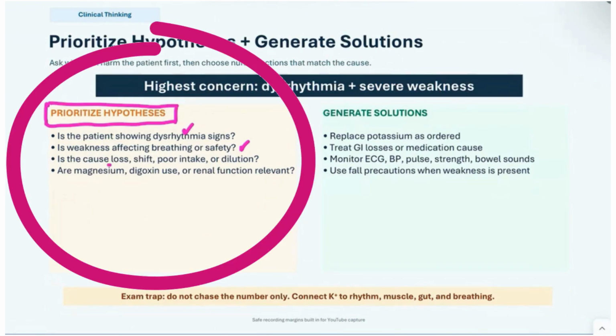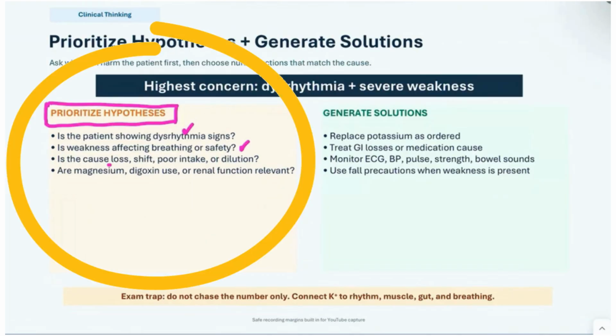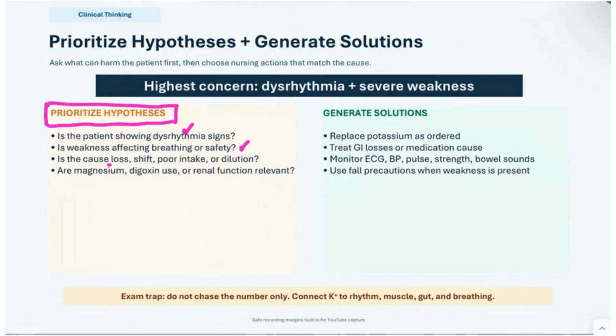Remember, we talked about some of the causes, right? Is the patient losing potassium? Has potassium shifted into the cell? Is the intake inadequate, or is dilution contributing to the low concentration?